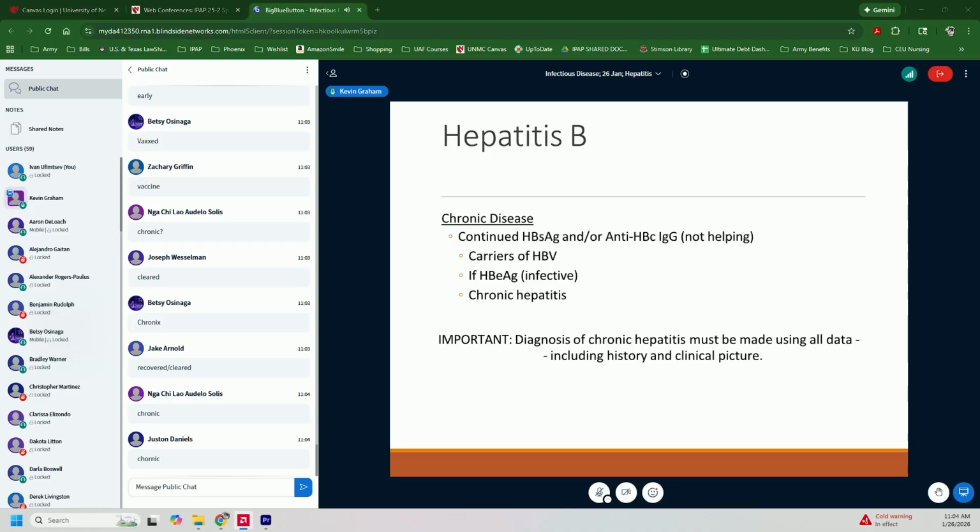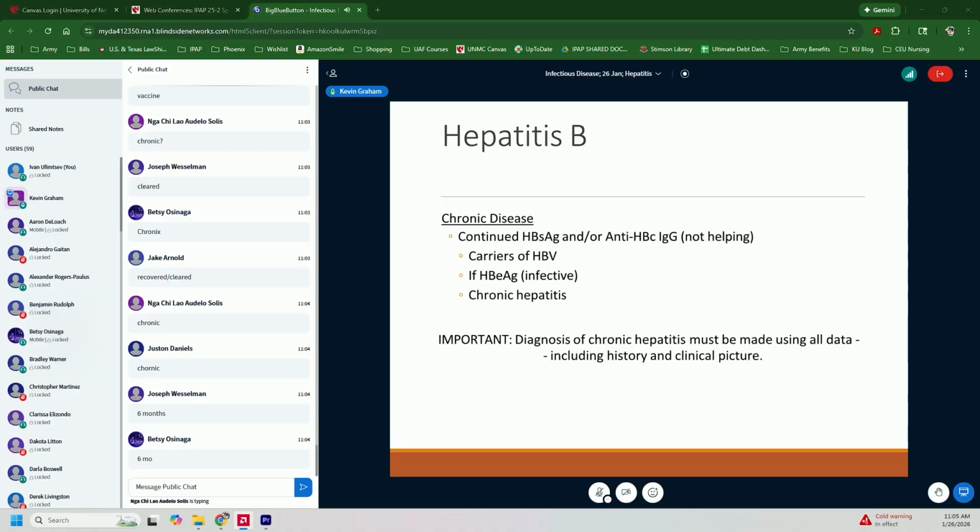That means we are past the IgM stage and the body's only producing the IgG. So we are chronic infection. So it's an active infection still. It's just been lasting longer than how many months? How many months did we say was that line for the chronic versus acute? Six months. 6 months. Excellent.